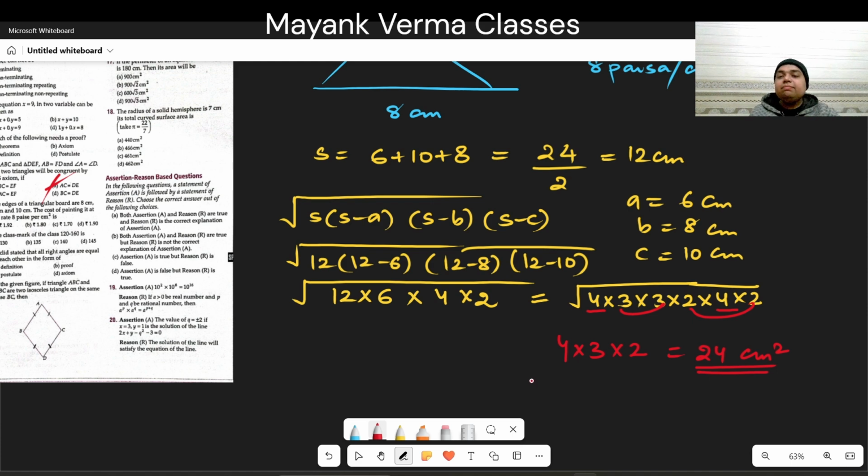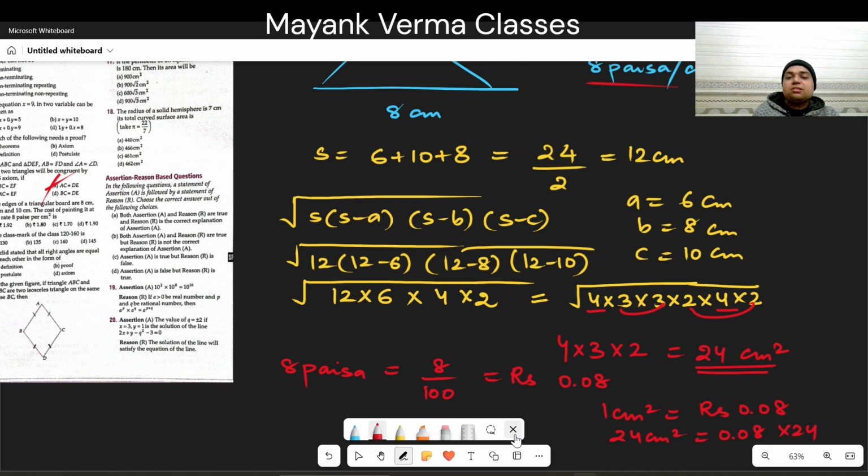triangular thing, and the rate is 8 paisa per centimeter square. So 8 paisa, can I say, in rupees will be 8 by 100, which is rupees 0.08. So I need to multiply this with 24, because 1 centimeter square is equal to rupees 0.08. So 24 centimeter square will be 0.08 into 24.